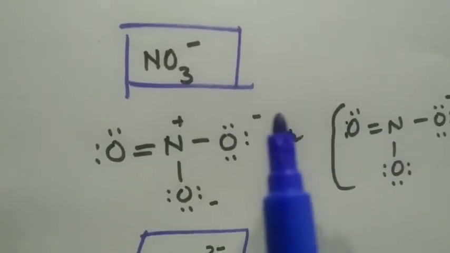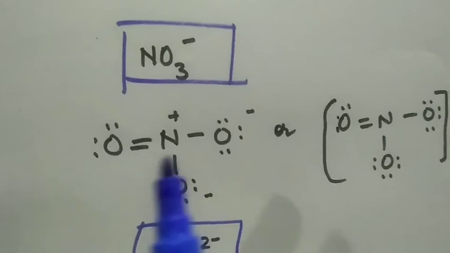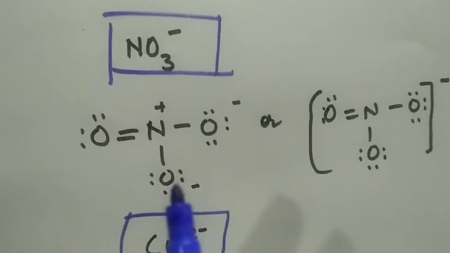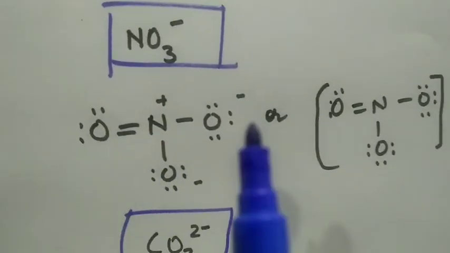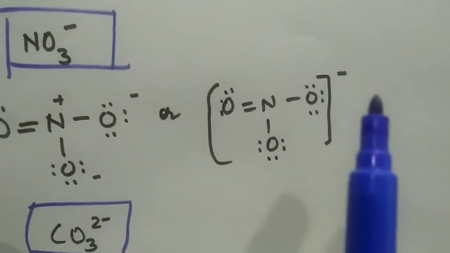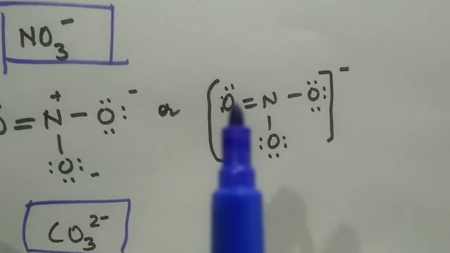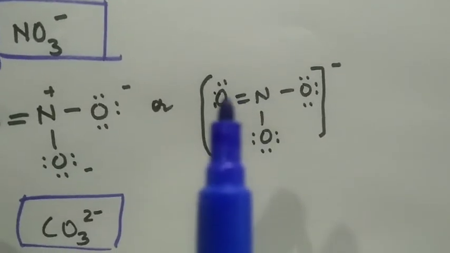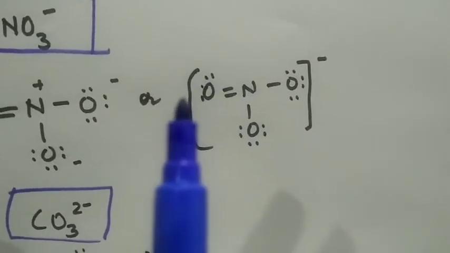In case of nitrate ion, nitrogen in the center, 3 oxygens on the sides. One is showing a double bond, others are showing single bonds, and overall there is a negative charge. So the oxygen atom showing a double bond has 4 electrons as lone pair.